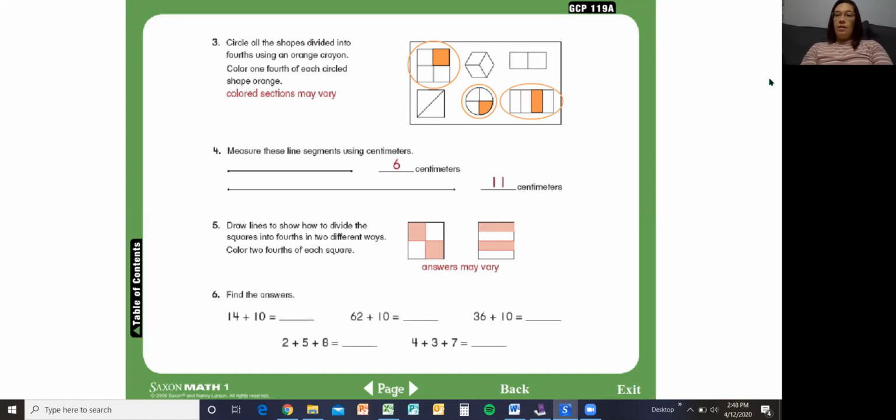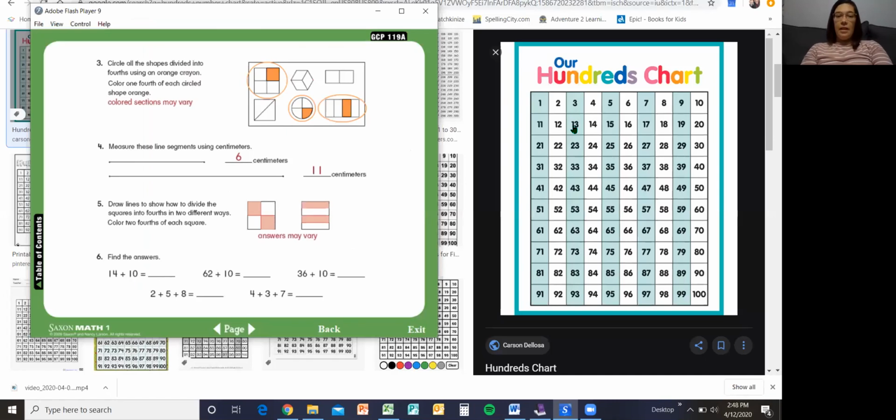Okay, here we're going to find the answers. And what I'm going to do is I'm going to put up a hundreds number chart. It makes it a little easier for you to see when there's a hundreds number chart. So here we have 14 plus 10, and 14 is right here. When we have 14 plus 10, we're adding, we're going down to the next column. So 14 plus 10 would be 24. It's just beneath it.